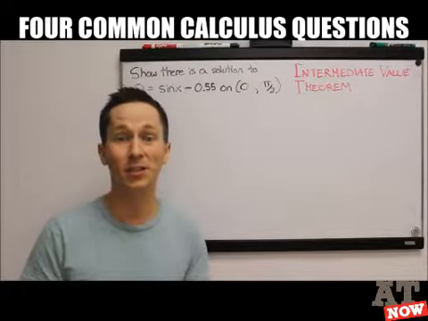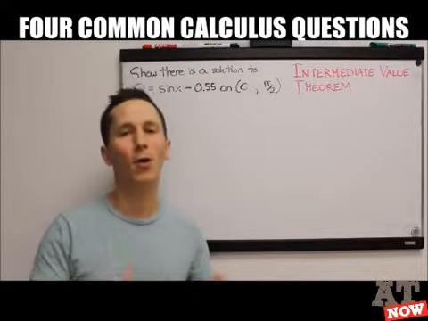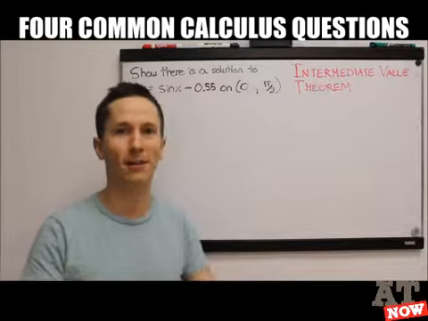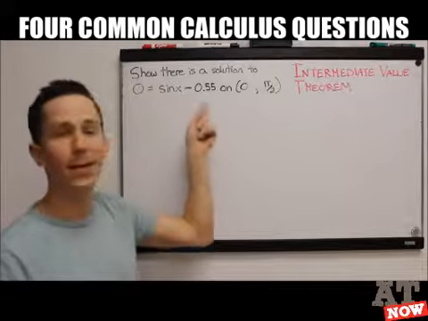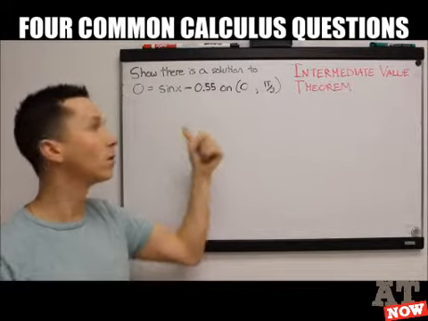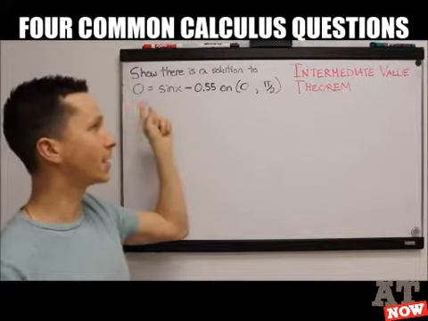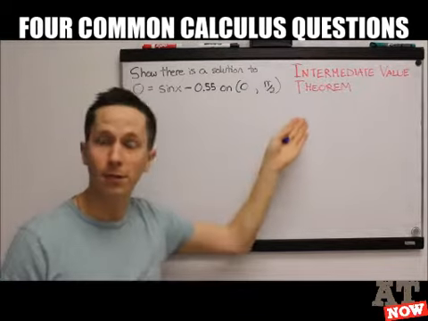They love asking questions on the intermediate value theorem without actually asking for the intermediate value theorem. All they're saying is show that there's a solution to this equation, so sine x minus 0.55 has to equal 0. Show that there's some value of x that makes that happen over a particular interval.